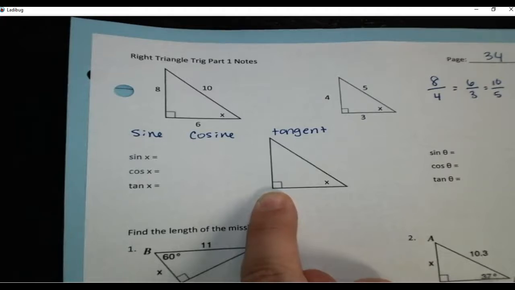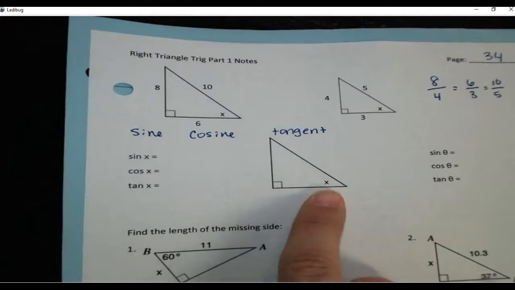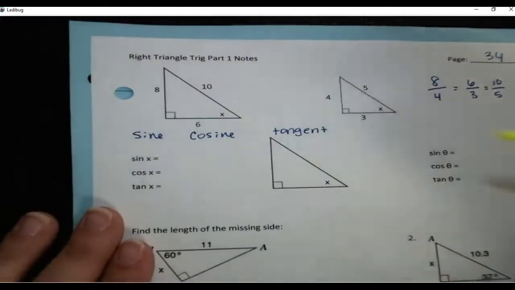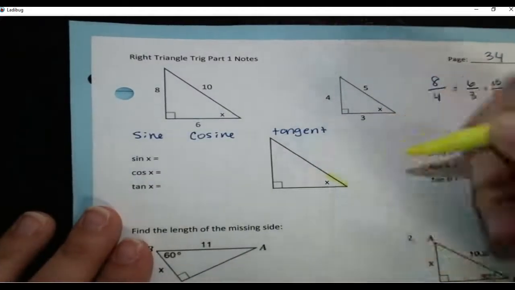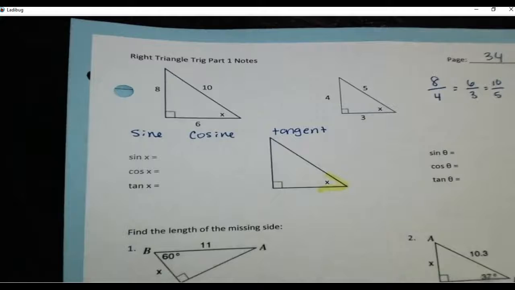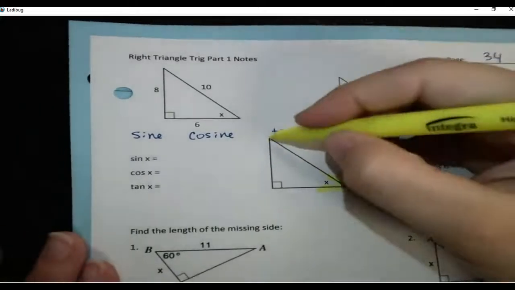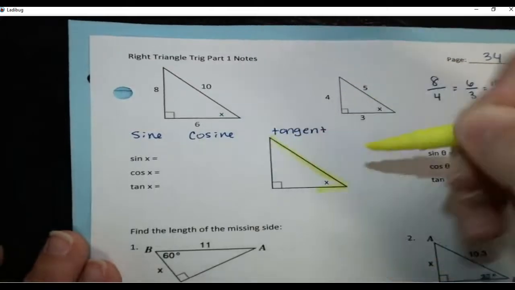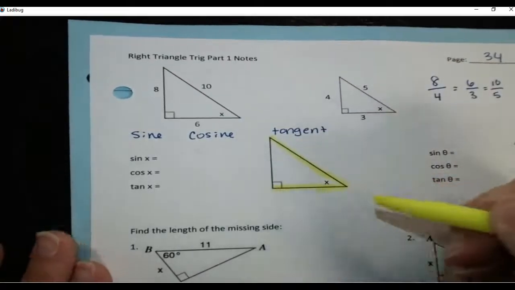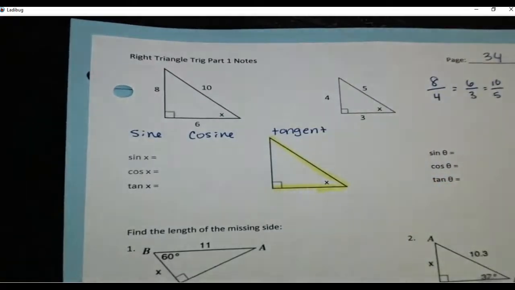Do we highlight the right angle? No, never. So we highlight the other one, which is x. So here is x. I'm going to highlight both of those sides. So you're highlighting the two sides that make the x.